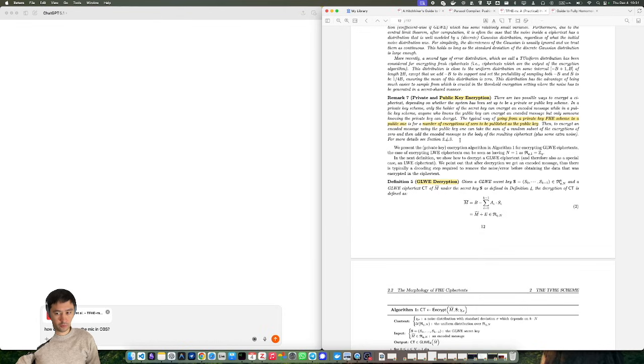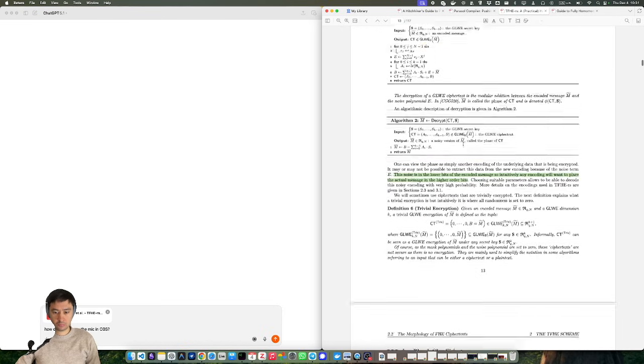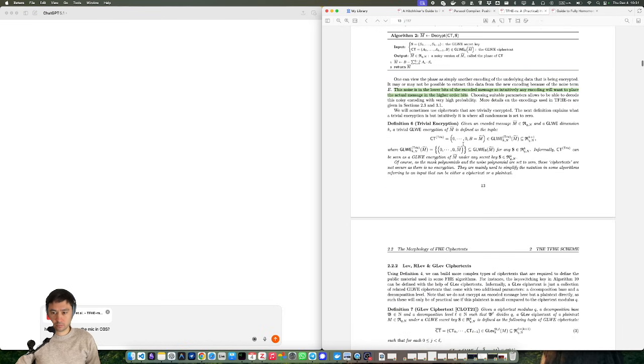Isn't that trivial to decrypt if you do something like this? That works though. Trivially encrypted, I guess you can easily decrypt them.